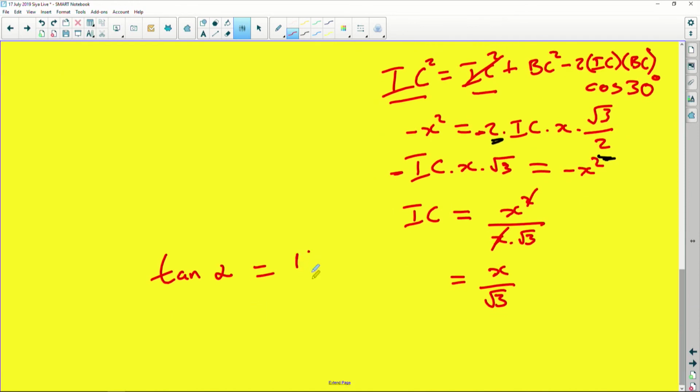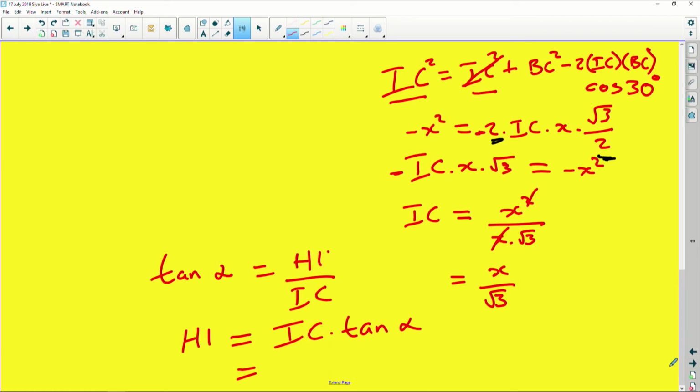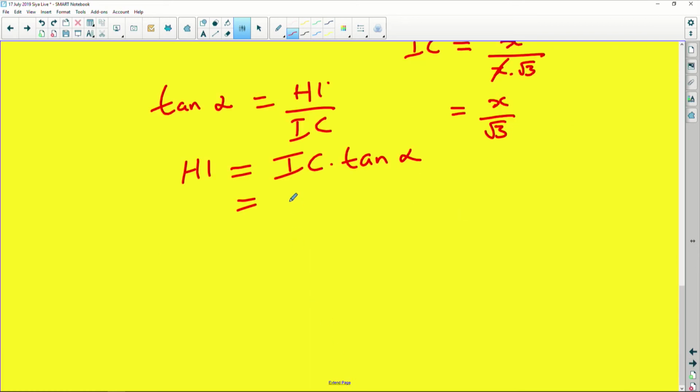Remember, it's opposite over adjacent. HI divided by IC. My IC is that, therefore HI will be equal to IC multiplied by tan of alpha. And then this will be equal to X divided by root of 3 multiplied by tan alpha.